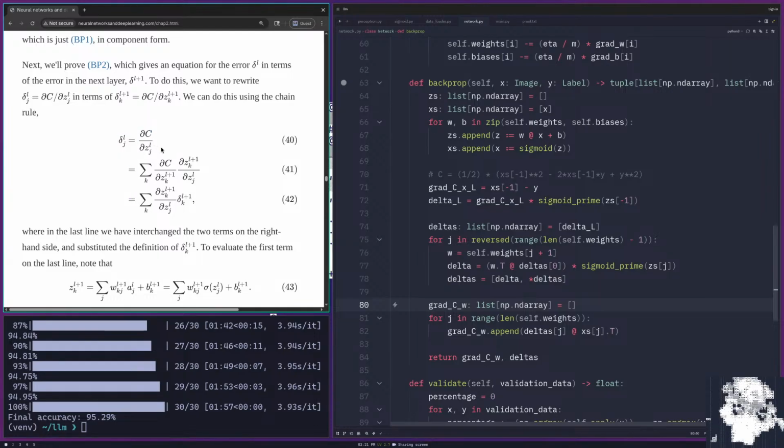So you start with the definition of delta, which is the derivative of the cost function with respect to z, which is equal to the sum over k of the derivative of the cost function with respect to z of the next layer times the derivative of z of the next layer with respect to z.